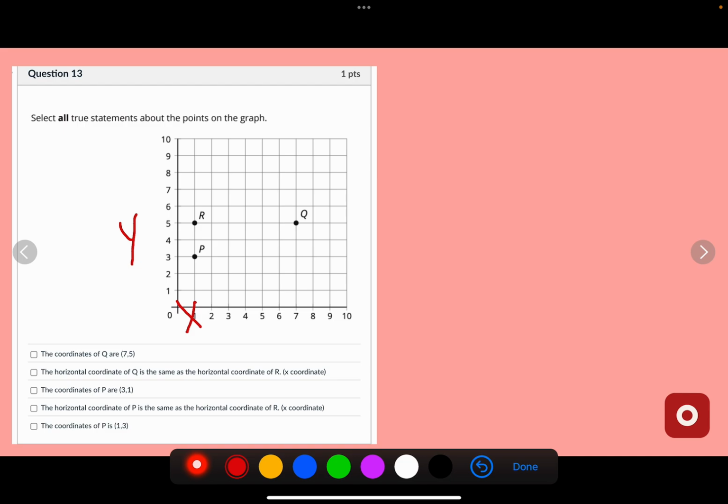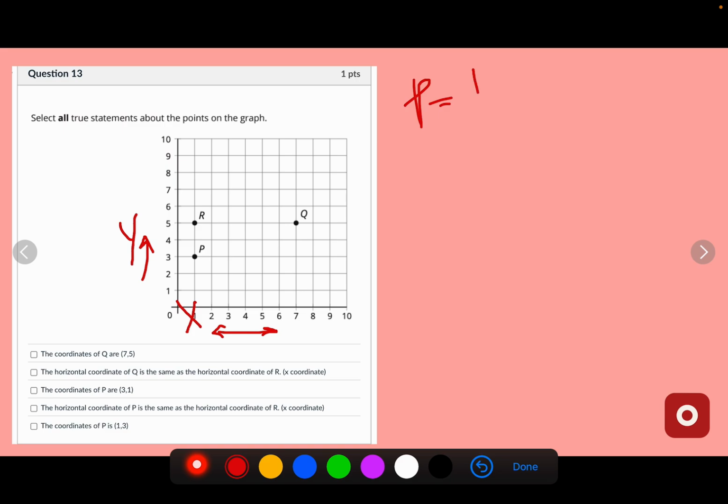Our x is horizontal, and our y is vertical, going up. Okay? So, if we look at P, it is going over 1 and going up 3.